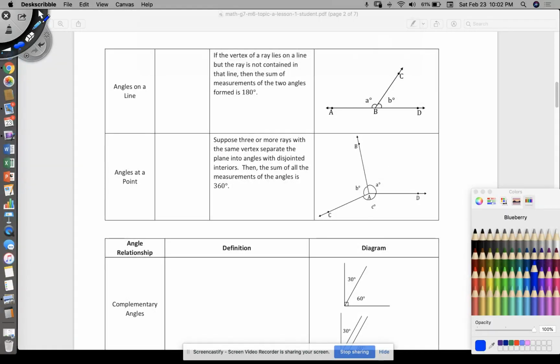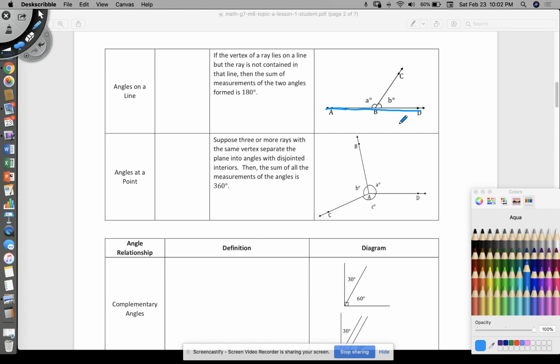Angles on a line, okay? If the vertex of the ray lies on a line, but the ray is not contained in the line, then the sum of the measures of the two angles forms 180. All right, so 180 degrees is whatever we get when we form a completely straight line.